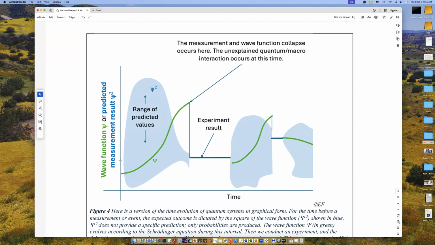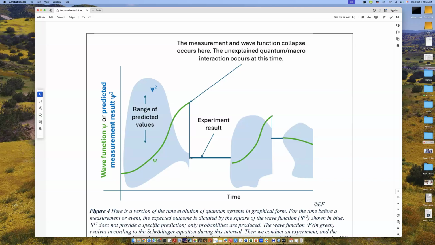That's the range of outcomes we expect. And over time, the wave function can change. And so when we're initiating this process, we have a range of predicted values. And then right here, we make a measurement. And all of a sudden, the Schrodinger equation and the wave function are no longer relevant because we have a result. And what happened to the wave function?